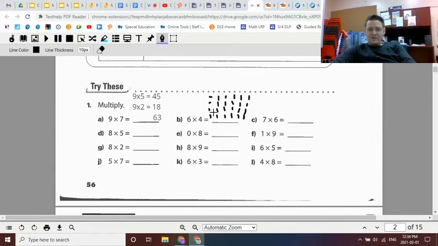So I have 6 columns, or 6 groups of 4. And if I counted all the dots that I made, I have 1, 2, 3, 4, 5, 6, 7, 8, 9, 10, 11, 12, 13, 14, 15, 16, 17, 18, 19, 20, 21, 22, 23, 24. So that's going to give me an answer of 24.